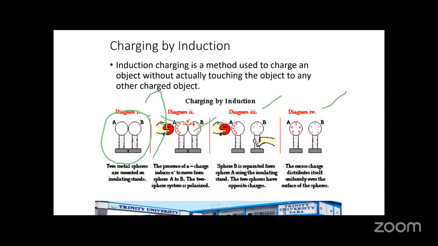So by the time we finally remove the charged body, which is the red object there that you are seeing in diagram 4, we see that A is positively charged and B is negatively charged. So that is how to charge a body by induction. That is by bringing a charged body close by, not touching it, but just close by.